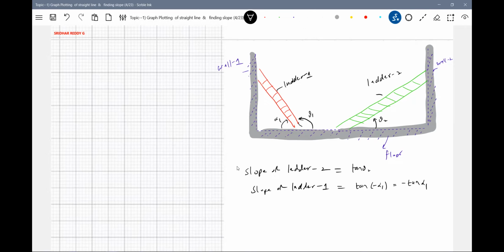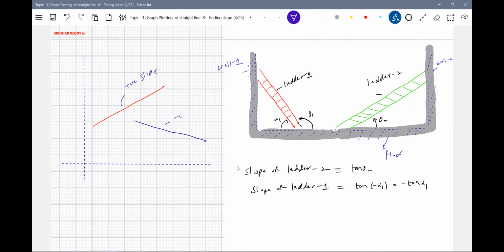Are you able to understand this? Definitely in later years, if you come across a curve like this, what is the slope of that? Positive. If you see a curve like this, what is the slope of that? It will be negative.